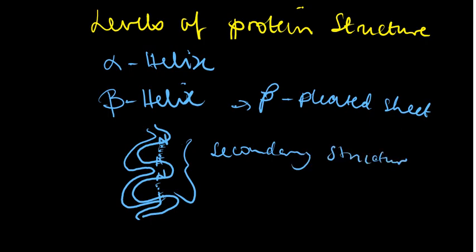To be specific, in the alpha helix, the NH group of one amino acid is hydrogen bonded to the carboxyl group, the C double bond O, and because of this hydrogen bond, the amino acid chain will exist in a coil form.